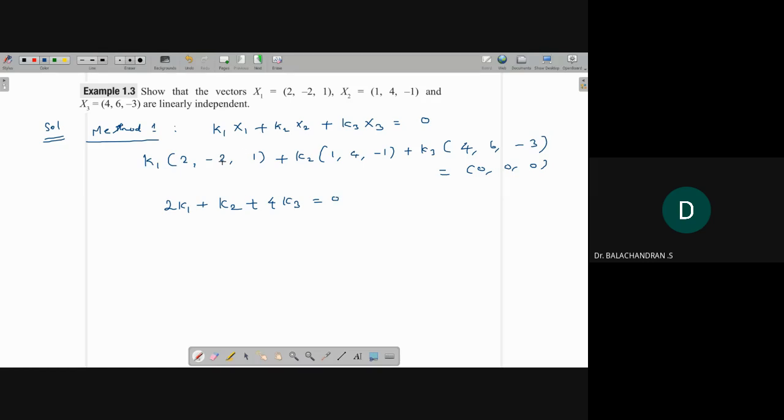Second equation: -2k1 + 4k2 + 6k3 = 0. Third equation: k1 - k2 - 3k3 = 0. So 1, 2, 3.